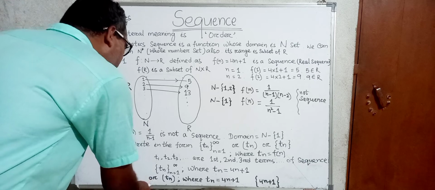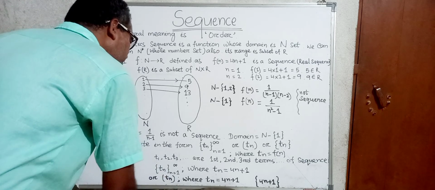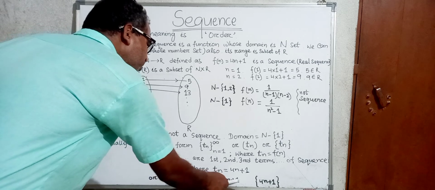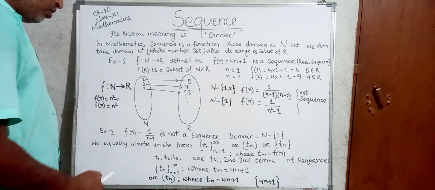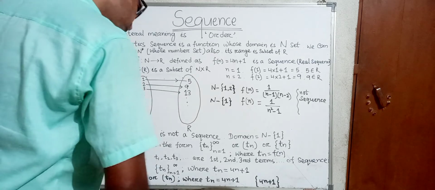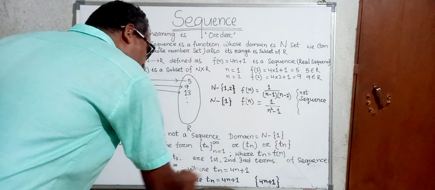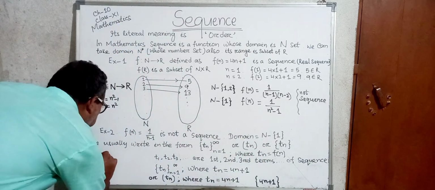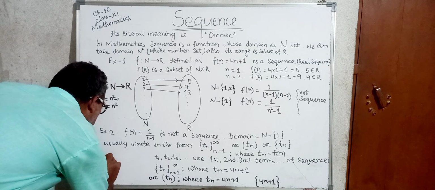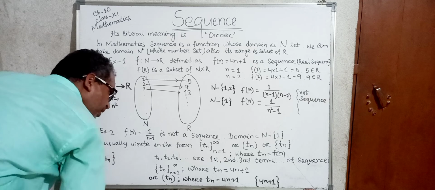Or we can write like this, tn in brackets, where tn is equal to 4n plus 1.